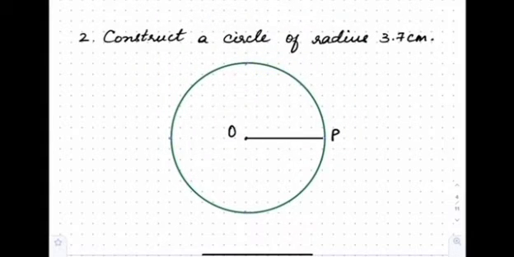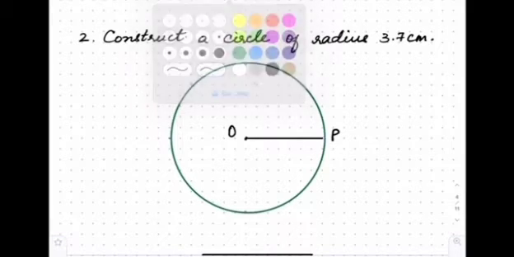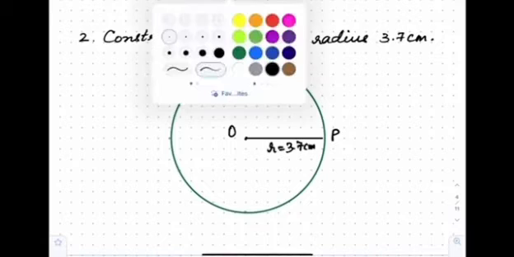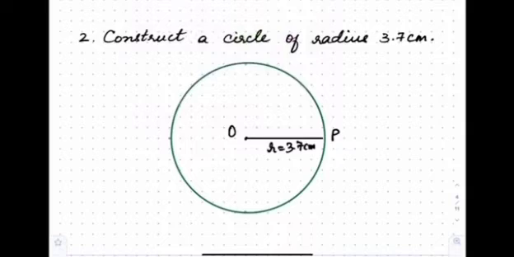Now you need to write this measurement here. R is equal to 3.7 centimeters. I hope all of you have understood this, children.